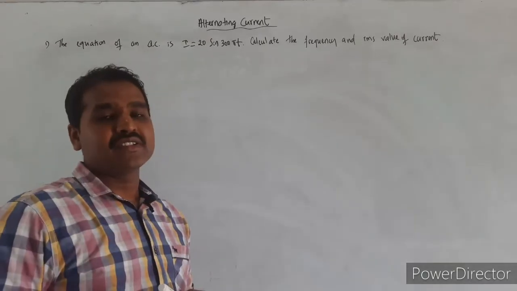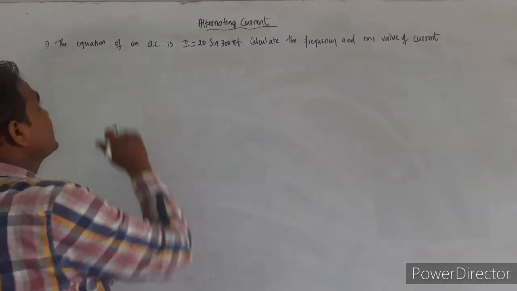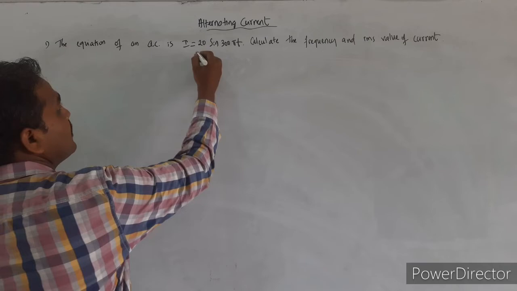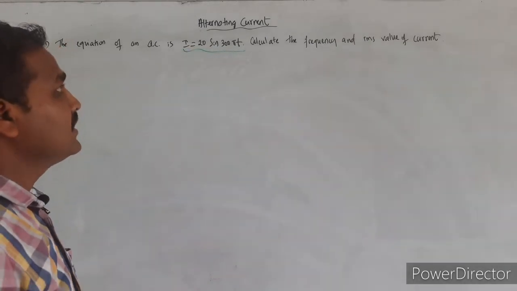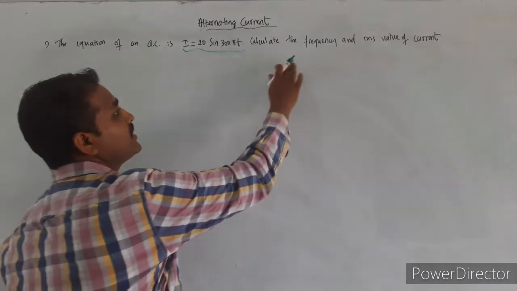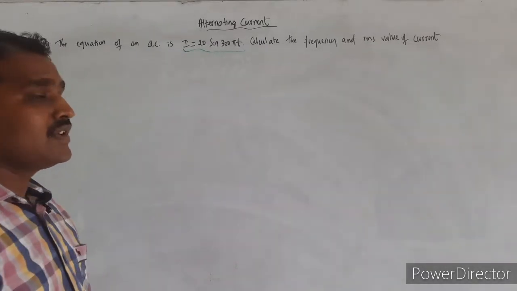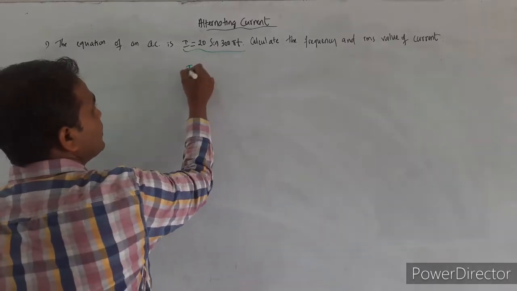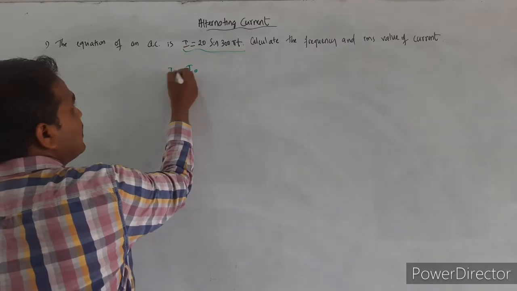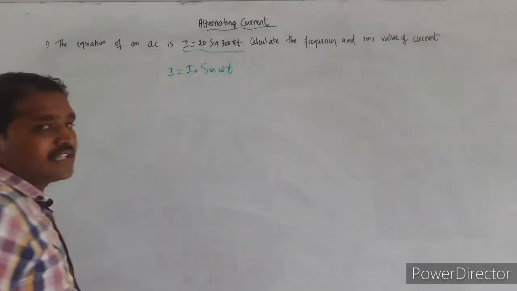Let us start with a simple numerical problem. It is given that the equation of the AC is I is equal to 20 sin 300 pi t. We are asked to calculate the frequency and the RMS value of the current. For this, let us compare the given equation with the standard form, I is equal to I naught sin omega t.